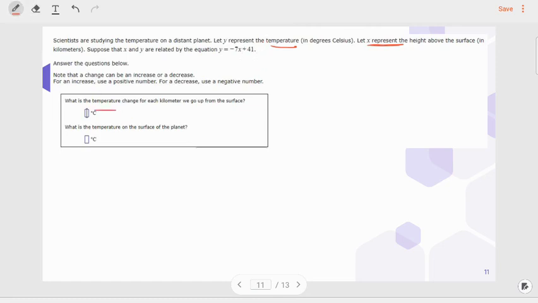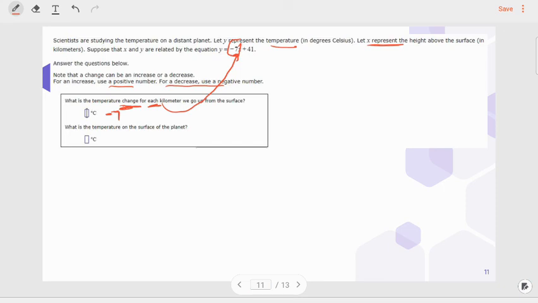So if it says, what is the temperature for the change for each kilometer, the amount it's changing is whatever is next to X. So notice that for an increase, we're using a positive number. For a decrease, we're using a negative number. So this is a decrease of 7 for each kilometer we go above the surface. So it's colder the higher we go.